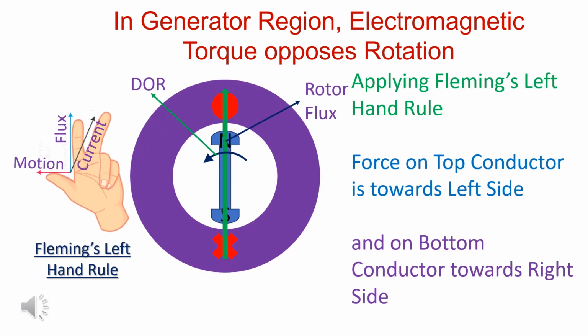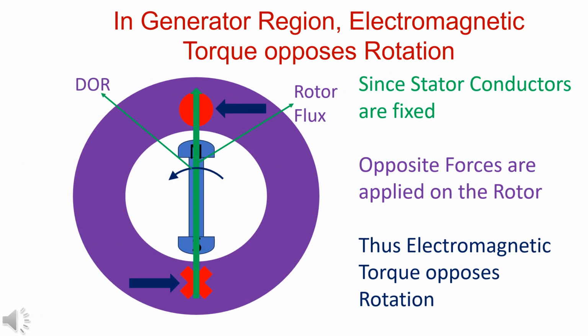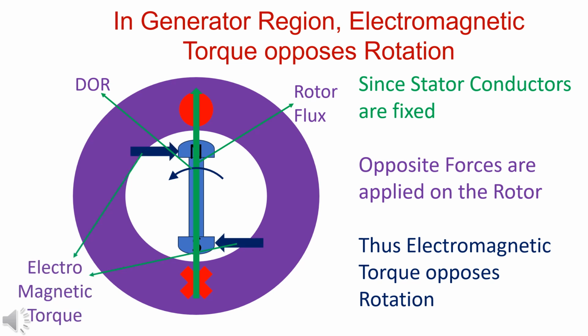Applying Fleming's left-hand rule, force on the top conductor is towards left and on the bottom conductor is towards right. Since the stator conductors are fixed, opposite forces are applied on poles. The electromagnetic torque opposes rotation.